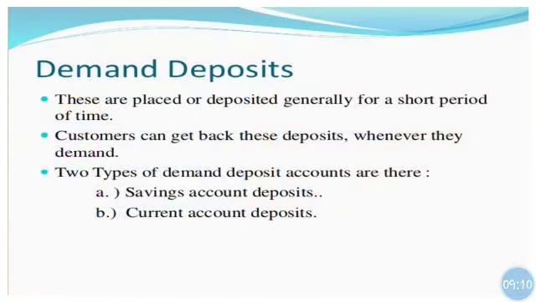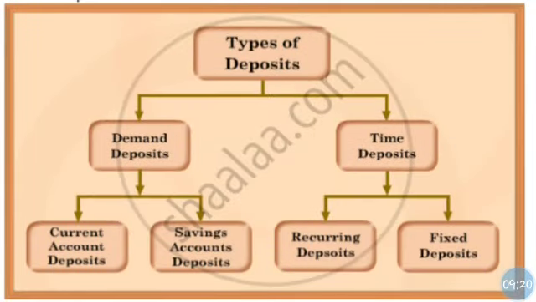So till now we studied types of deposits. In demand deposits, there are two types, saving account and current account. Overall, there are two types of deposits, demand deposits and time deposits. Why is it called demand deposits?